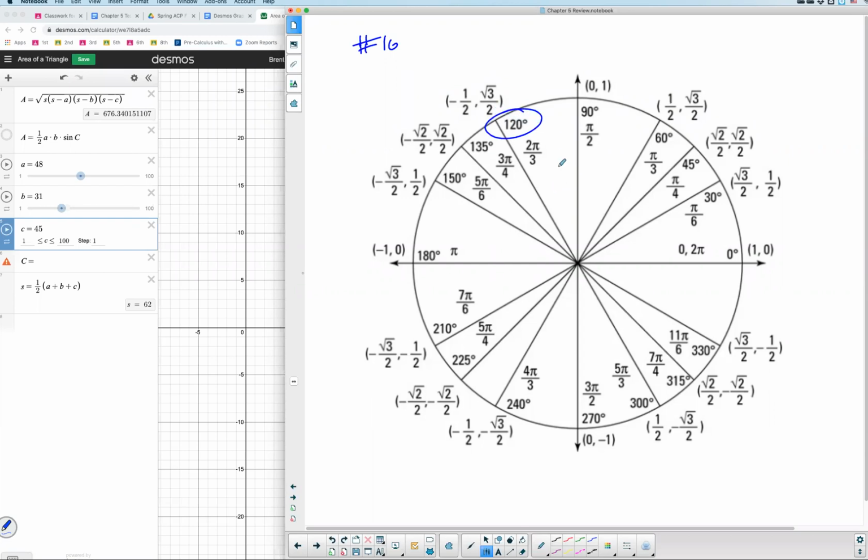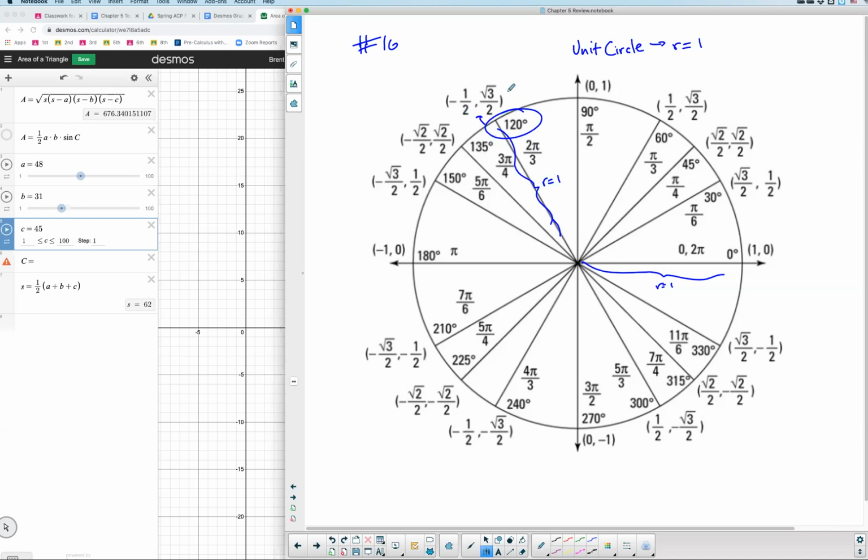Excuse me, there's 120 degrees. That's the coordinate point right there. But for a unit circle, which this is, a radius equals 1. So on this problem, this radius here is equal to 1, or said this way, that radius across here is equal to 1.